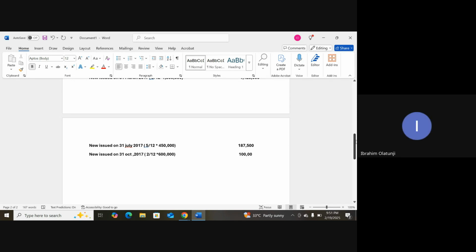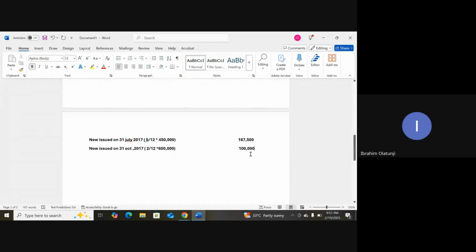100,000. So then you now cast everything up from that 10 million shares. Once you cast everything, whatever you get is your weighted average number of shares.